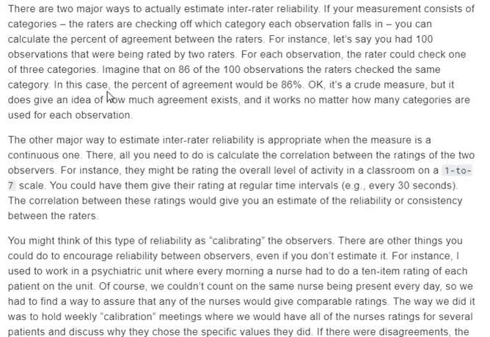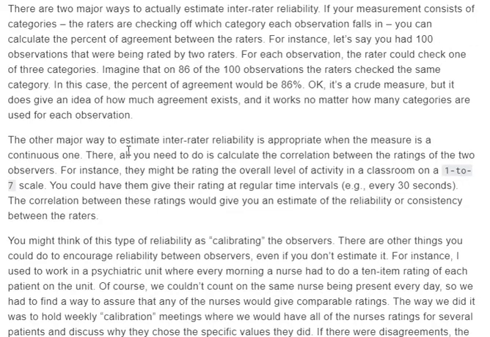In this case the percentage of agreement would be 86%. It's not perfect, but it gives an idea of how much agreement exists, and it works no matter how many categories are used.